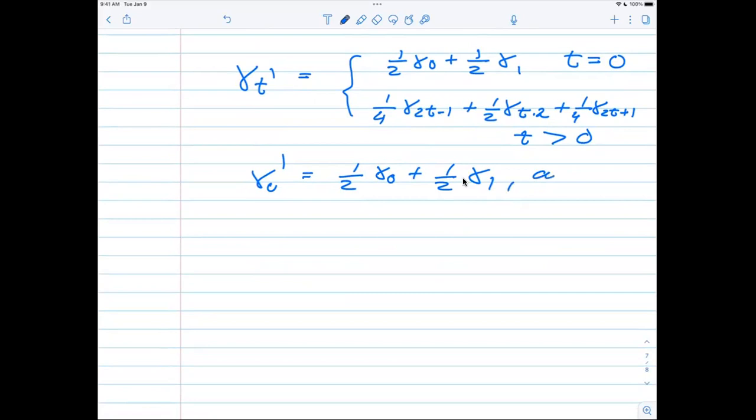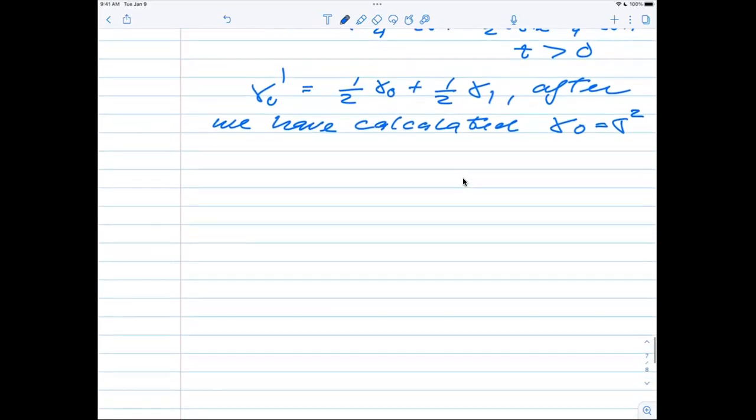So this is after we have calculated gamma 0, which is the first calculation, which is now equal to sigma squared divided by n, the number of observations we have.